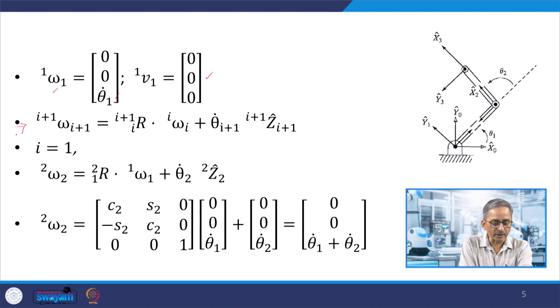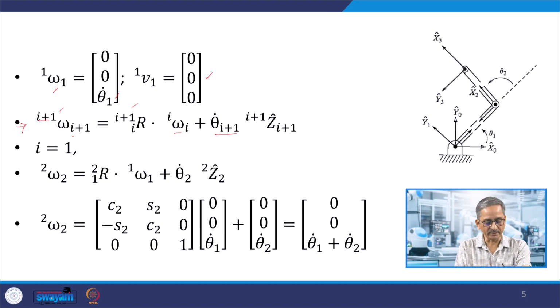This is our velocity propagation equation which we have seen previously: the angular velocity of the (i plus 1)th link expressed in terms of the (i plus 1)th frame, of course with respect to some universal frame, is equal to the previous link angular velocity expressed in terms of the same (i plus 1)th frame plus the (i plus 1)th joint velocity. So this equation we have seen already.